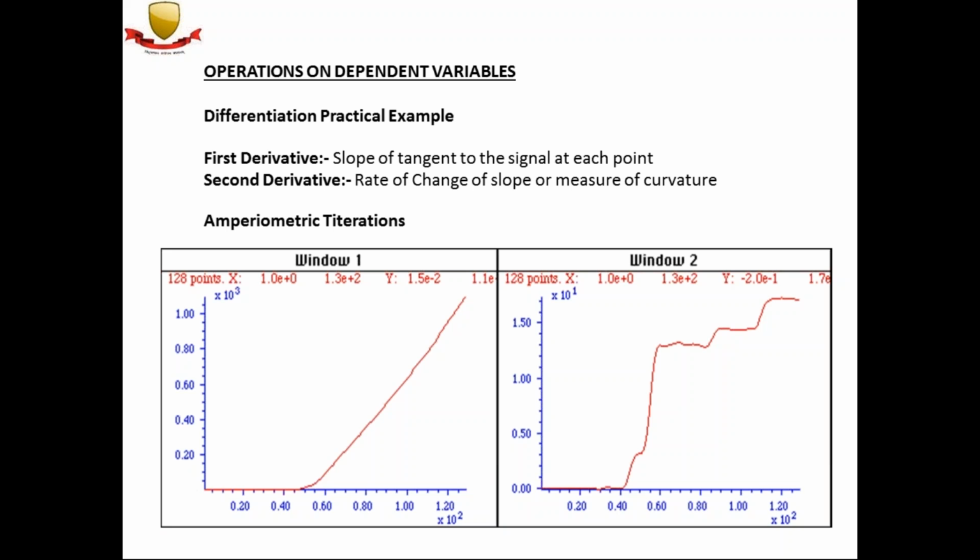This is very difficult to do from the raw data because the slope differences are very small and the resolution of the computer screen display is limited. So the task becomes much easier if the first derivative, that is the slope of the signal, is calculated.